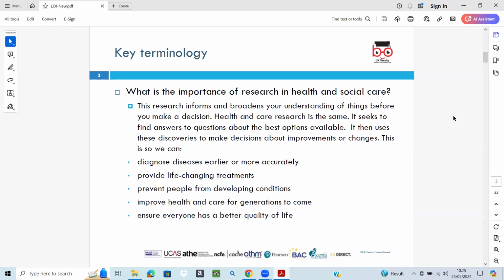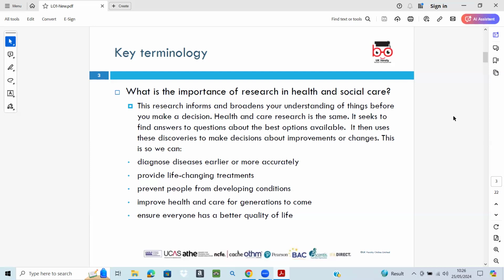Then we have diagnosing diseases earlier or more accurately. Research leads to the development of advanced diagnostic tools and techniques. An example is research into biomarkers, which can result in earlier detection of diseases such as cancers, allowing for timely intervention.